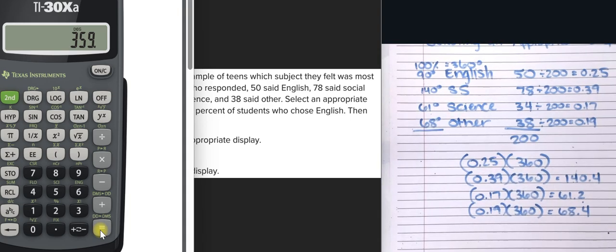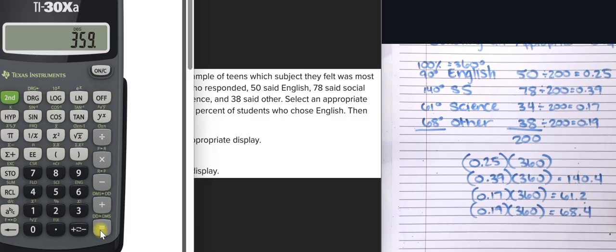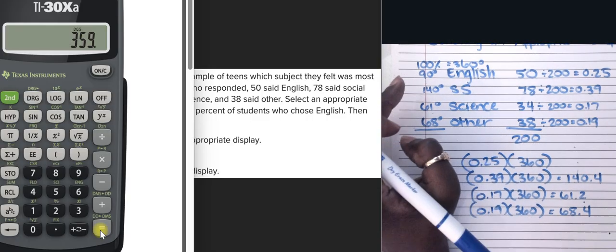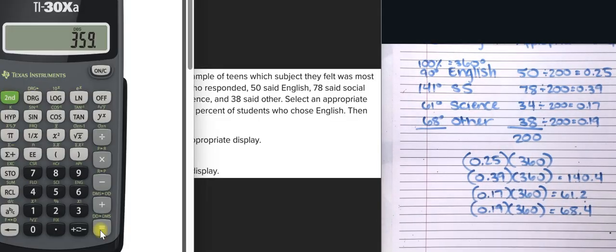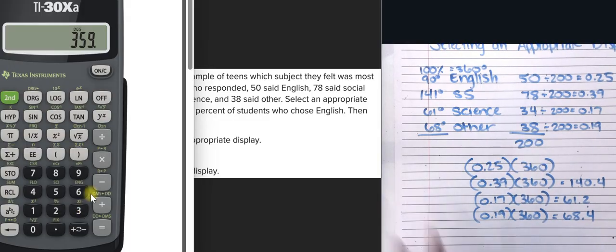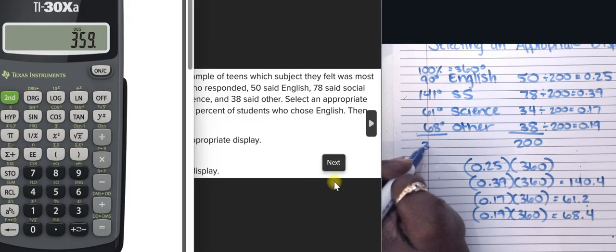So what we could do is just take one of our numbers and just round it up. And it doesn't matter which one. So I would round up either the 140.4 to a 141 or 68 to 69. Otherwise, if you try to graph it, you're going to be 1 degree short. So I'm just going to round up that 140 to 141.